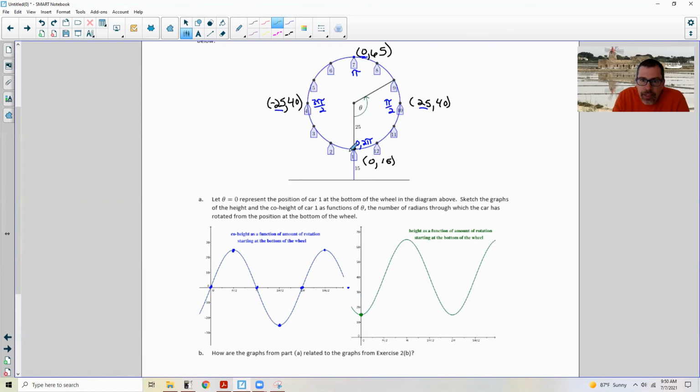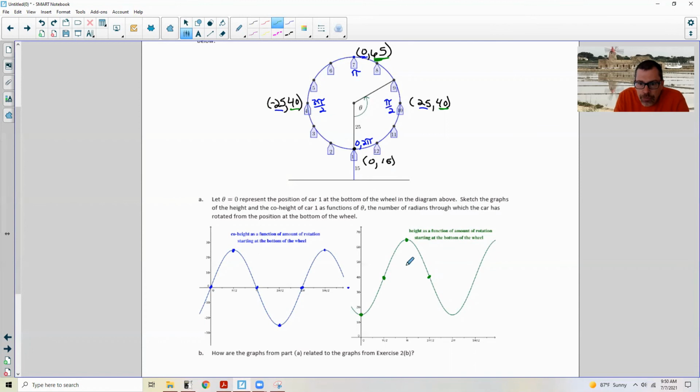As we're rotating counterclockwise, we're going this way. At pi over 2, we are at 40. Here's pi over 2. Here's 40. At pi, a half a rotation, we're at the top of the Ferris wheel, 65. At pi, we are at 65. Continuing around to 3 pi over 2, we're at 40 again, which is here.